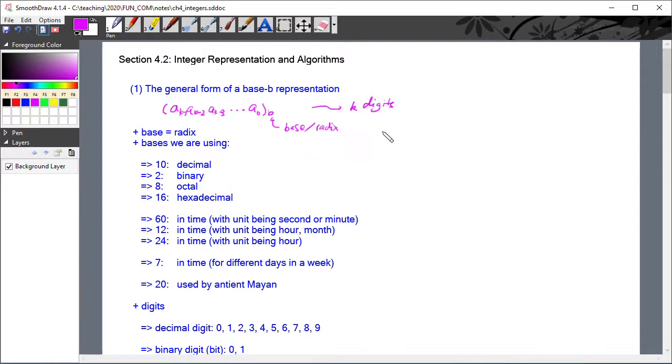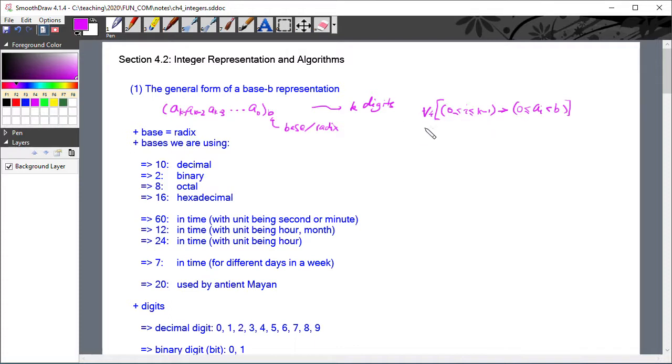So these rules are as the following. For every i, if i is greater than or equal to 0 and less than or equal to k minus 1, then this coefficient a_i should be greater than or equal to 0 and less than b. You can find that this is a universally quantified implication. It basically means that all the coefficients or all the digits must be in a certain range, greater than or equal to 0 and less than b.